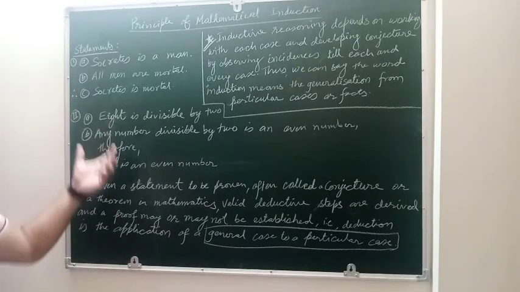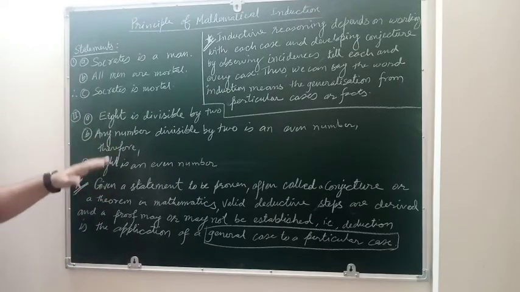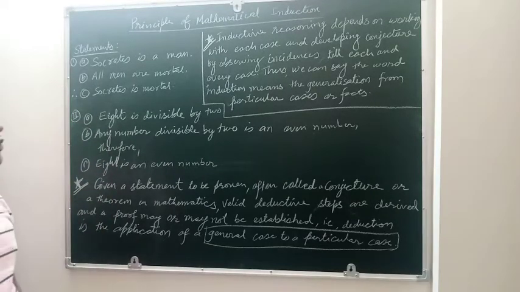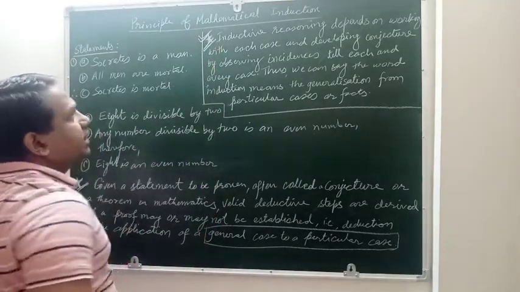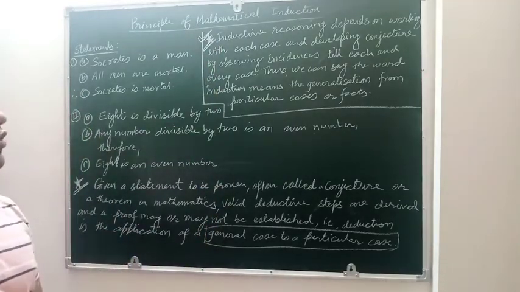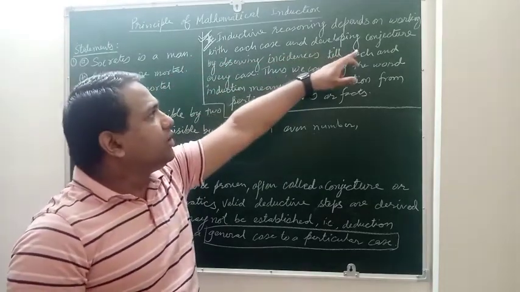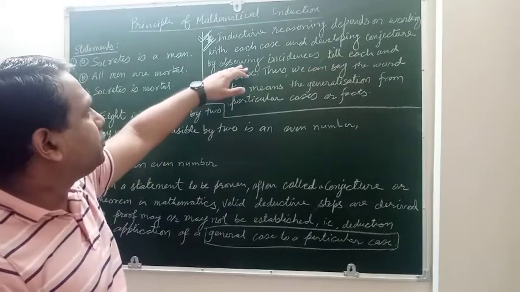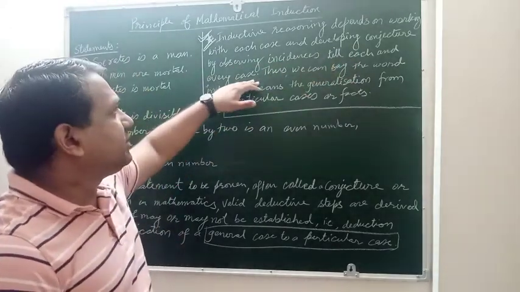So deduction is nothing but deductive reasoning. Now we will move to the next point, that is inductive reasoning, which depends on working with each case and developing a conjecture by observing incidences through each and every case.